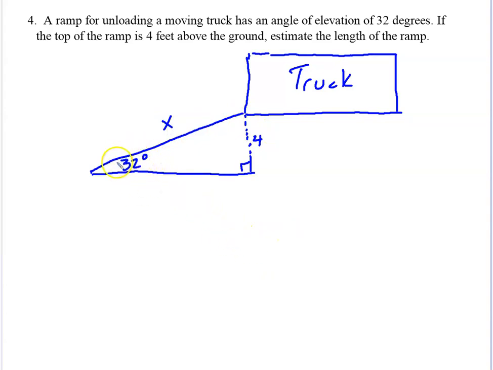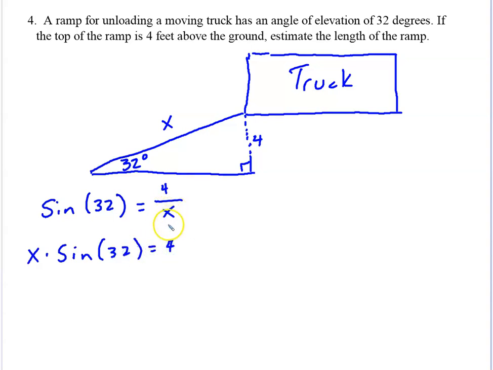So once again, from the 32-degree angle, we look across and we're given the opposite side. We're trying to find the hypotenuse, and the ratio that is described as opposite over hypotenuse is sine. So we'll do sine of 32 degrees equals the opposite side over the hypotenuse. Multiply both sides by x.